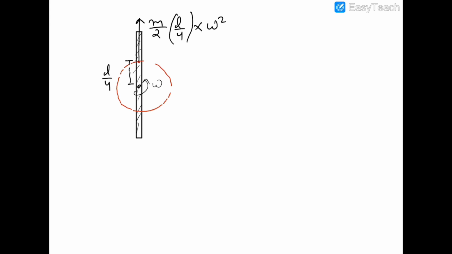So this is the force by which it would be pulled by the centrifugal force, and hence it would be pulling the lower half part with the same force. So F is equal to mL by 8, and omega is 4, so 4 square.